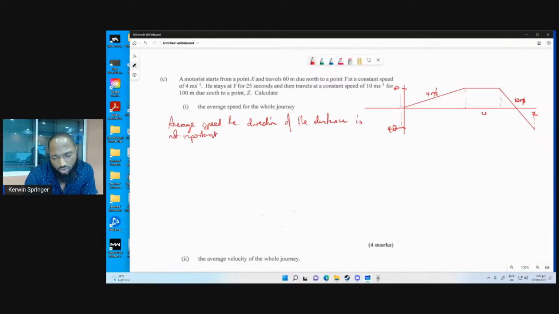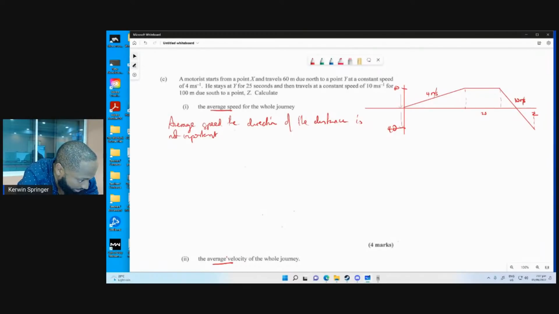For one of these I just need to add all the different distances, and for one I do not, because they say average speed and average velocity. They're trying to see which one it is. They are trying to trick me, and it is working. Average speed for the whole journey.